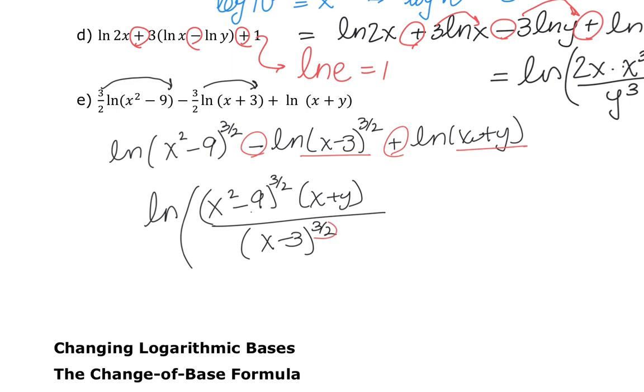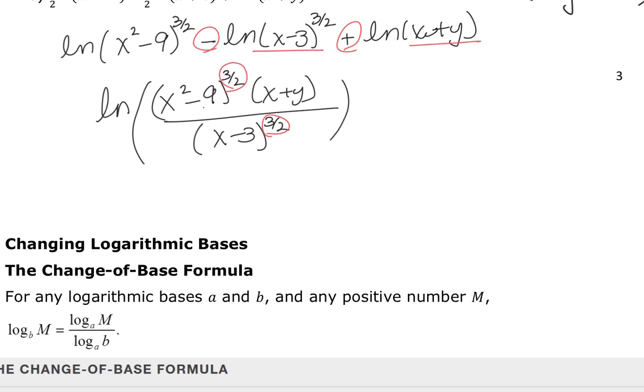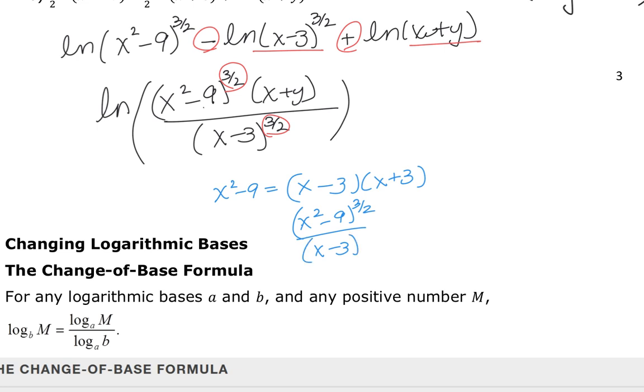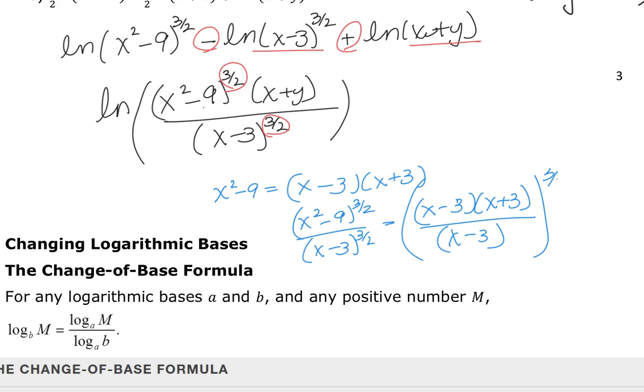Now notice that this factor and this factor have the same common exponent. And not only do they have the same common exponent, I know that x squared minus 9 is x minus 3 and x plus 3. So I can write x squared minus 9 raised to the 3/2 over x minus 3 raised to the 3/2 as x minus 3, x plus 3 over x minus 3, all raised to the 3/2, because this exponent matches this exponent.